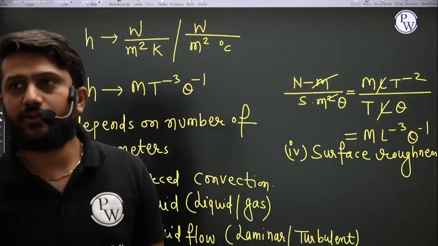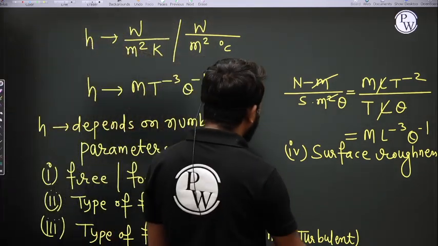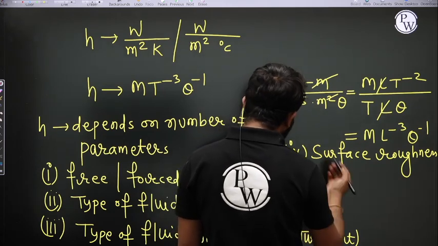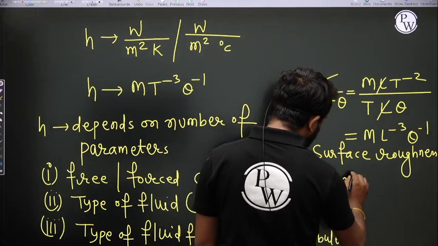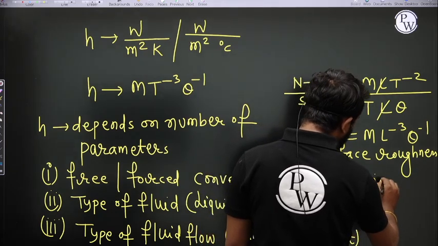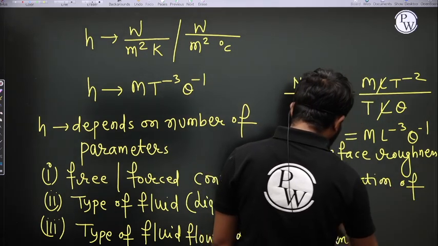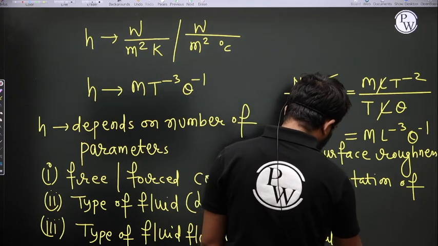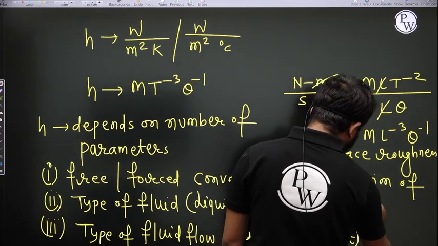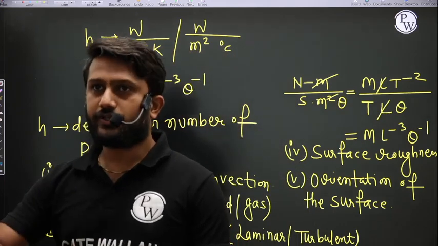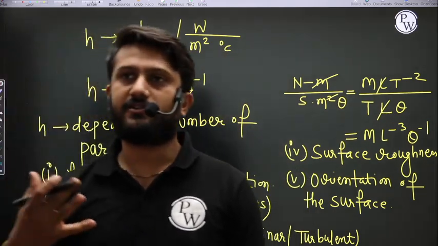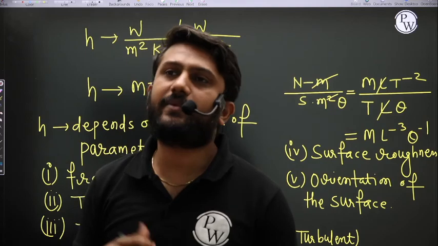Next, the orientation of the surface, that means the surface is horizontal, vertical or inclined. So the h value depends on a number of things.